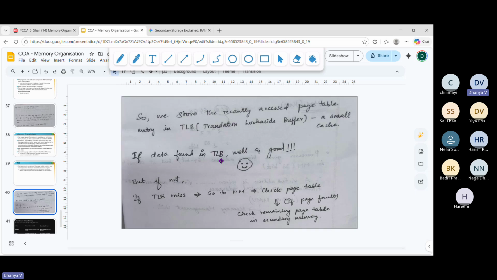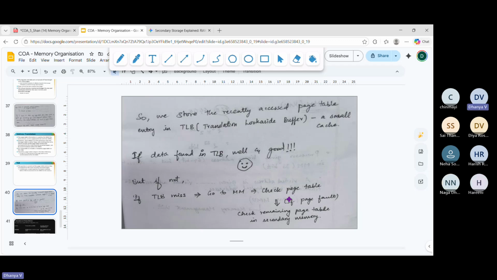If data is found in the TLB when we are trying to find some data, then well and good. But if there's a TLB miss, just like a cache miss, since the TLB is also a small cache, what do you do? You first go to your main memory, where you will have your remaining page tables. In that page table you check if that data is available or not, and if there is a miss in your main memory also, that's called a page fault.